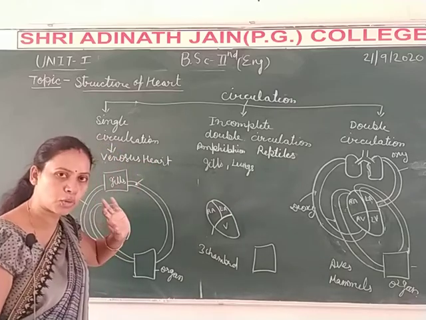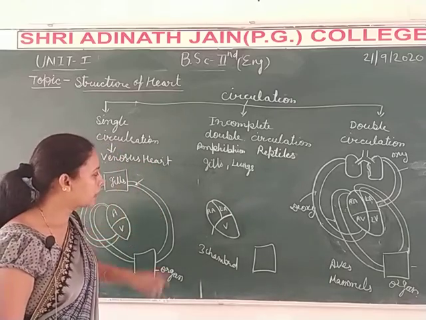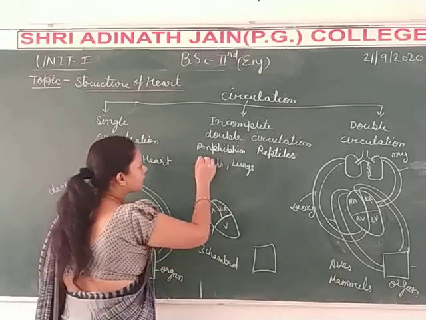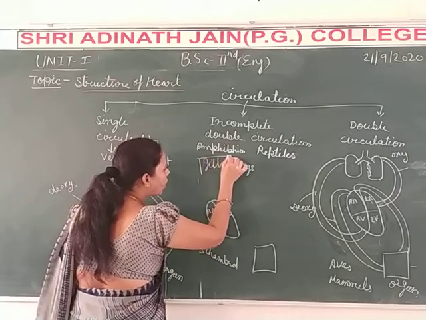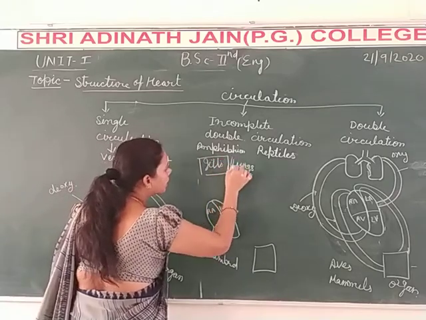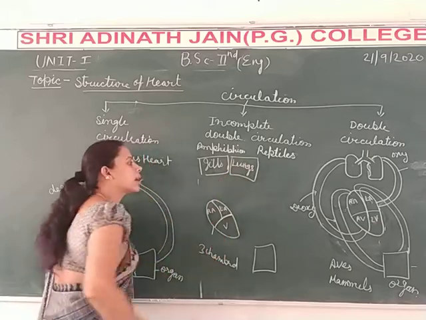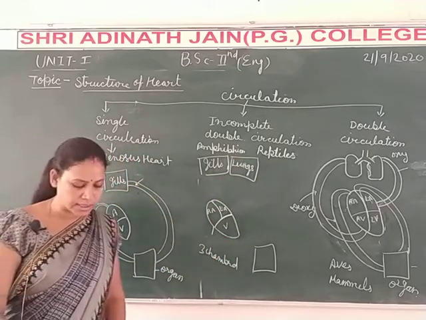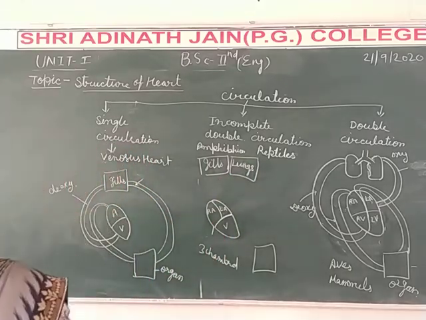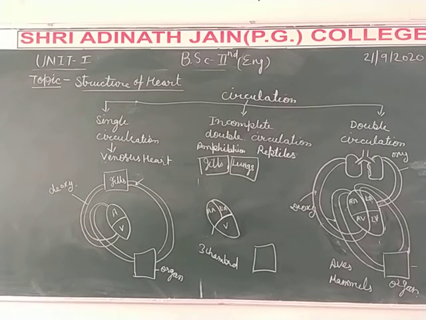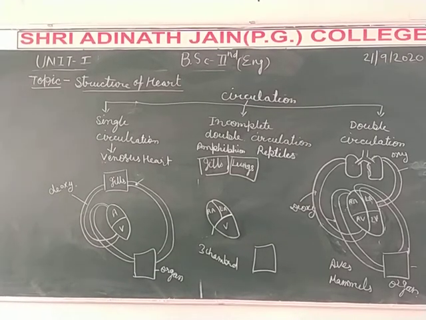In these animals, the amphibians can have gills or lungs, and reptiles have lungs for the oxygenation of the blood.